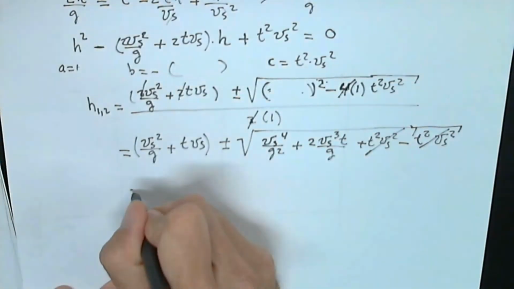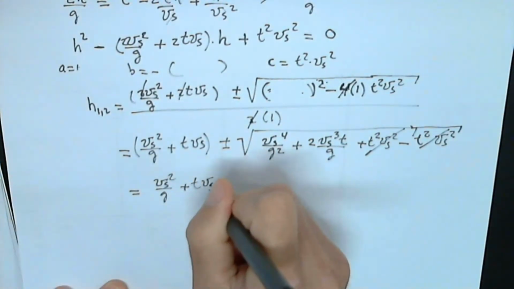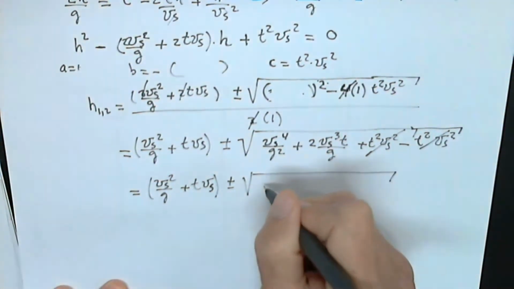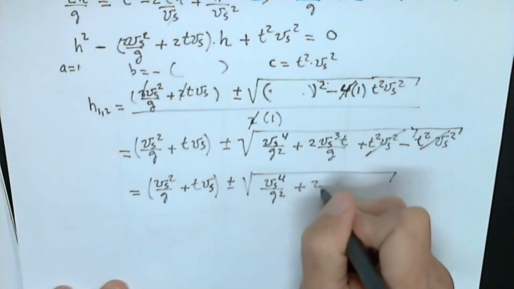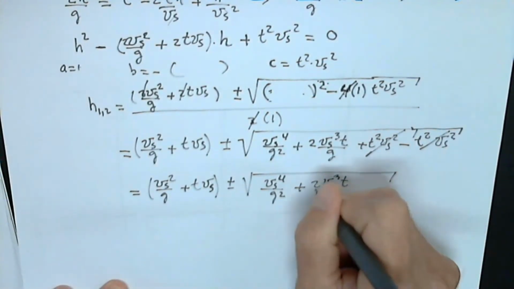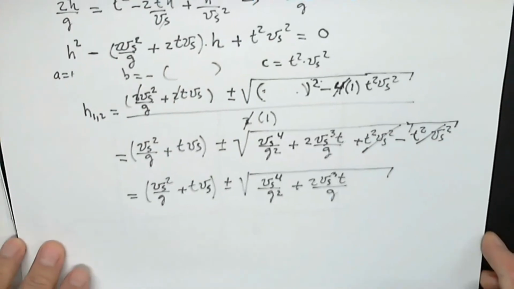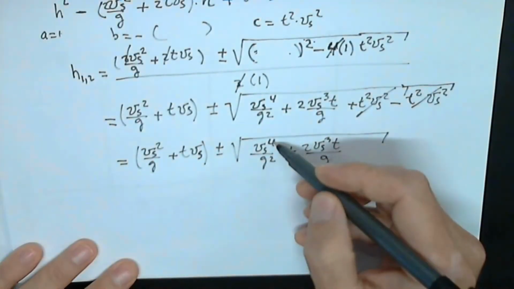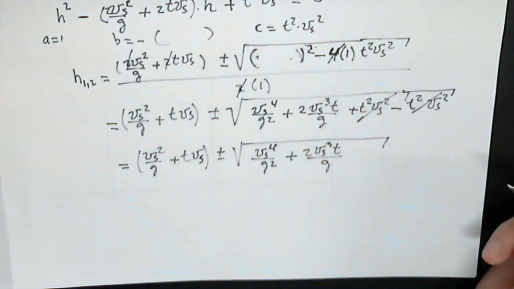So let me bring down what is left. And now I could take bs squared over g as a common factor.